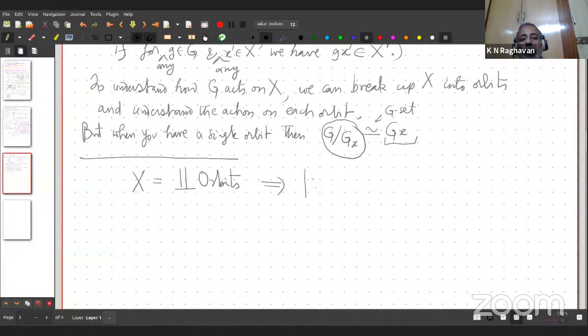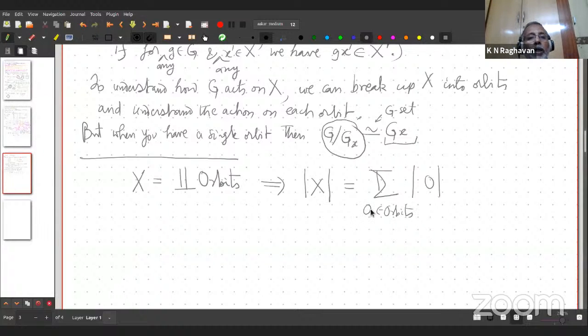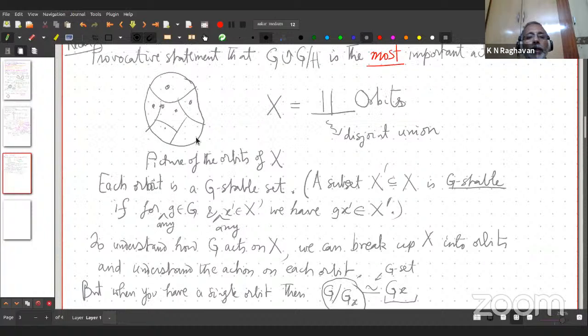This means the cardinality of X is equal to the sum of the cardinalities of the various orbits, as O varies over orbits. This just means the trivial statement that if I want to find the cardinality of X, I look at the cardinality of this, plus the cardinality of this, plus this, and so on. It is that trivial statement.